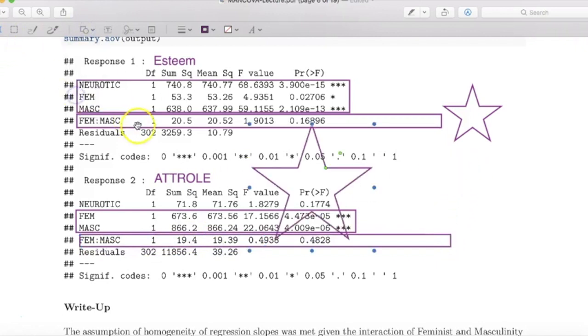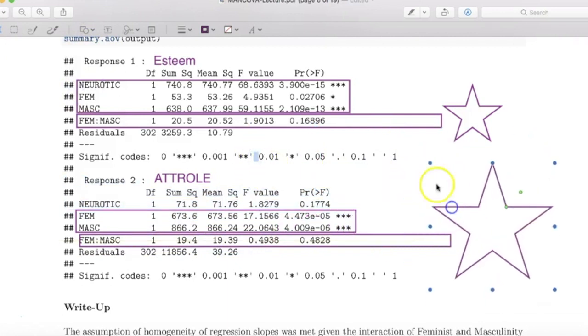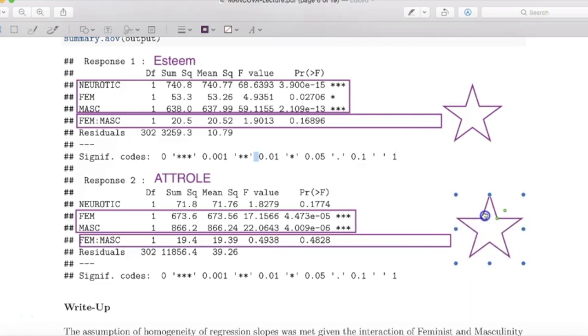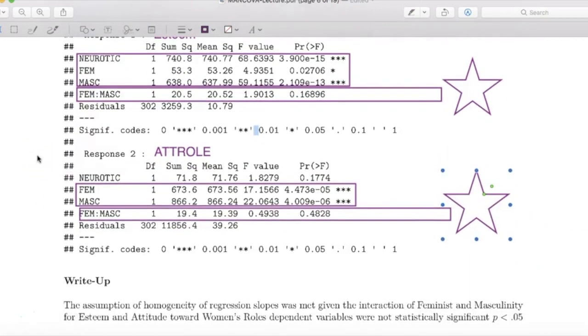So I'm really liking this. The moment I said it, I got stuck. So it was not significant for either one of those. And that makes me happy. That means that we met the assumption of homogeneity of regression slopes for femininity and masculinity because they were not statistically significant. So here I was a little bit lazy and I just said p-value less than 0.05.